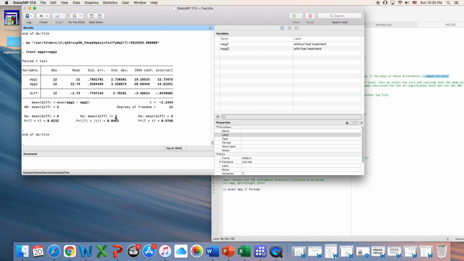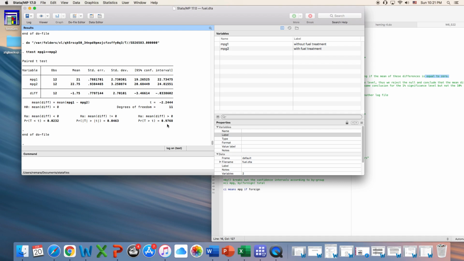If you want to be more specific, what makes sense to us is that MPG with fuel treatment could be greater than MPG without fuel treatment. So you check here, and again the p-value is small, so there is a small probability that the null is true. You reject the null and accept the alternative that the mean of MPG2 is higher than the mean of MPG1.